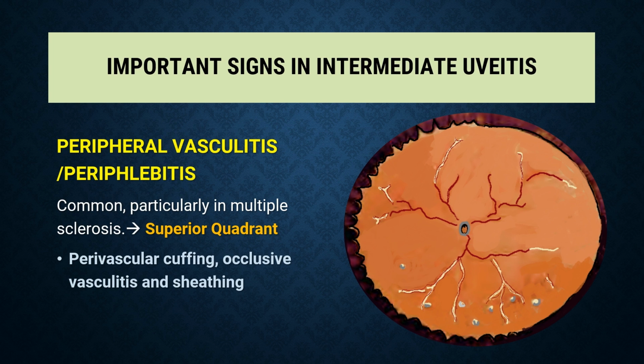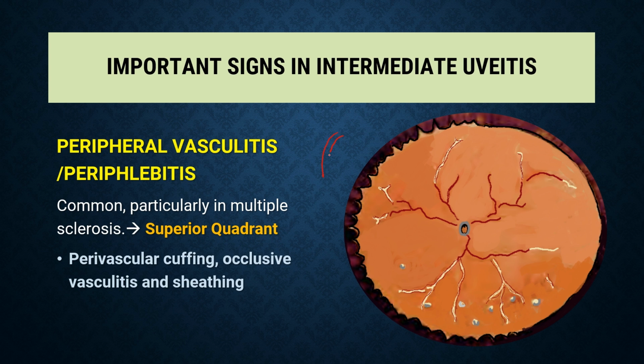Coming to another important sign in intermediate uveitis, the presence of peripheral vasculitis and periphlebitis. It is very important to know that in intermediate uveitis, it is the peripheral part of the retina which is affected. And since the peripheral part of the retina definitely has vessels in it, those vessels can also be involved in inflammation.